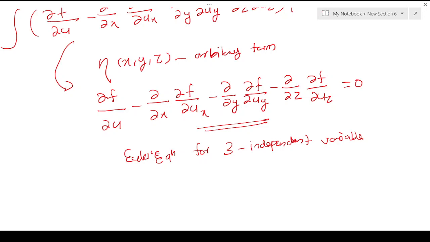Now we have to address the situation where several dependent and several independent variables come together, and how we utilize this variational problem to identify the endpoints of a stationary value, that is, the extremum points. That will probably be the last class of calculus of variations, and with that we will come to the end of module 3. Thank you.